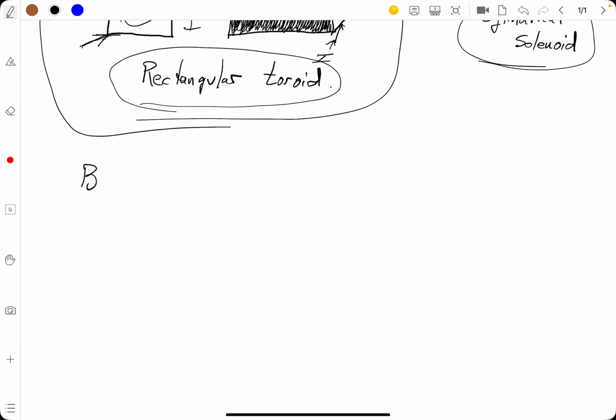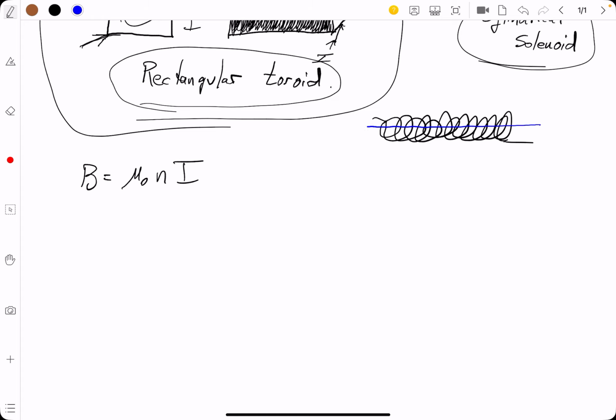We've said the B field for a solenoid is mu naught n i. We're talking about this B field that we're producing down the middle, on the inside.